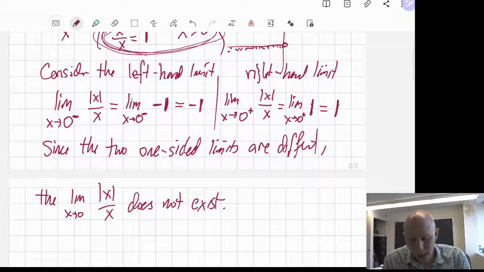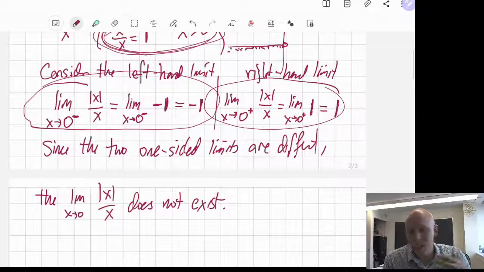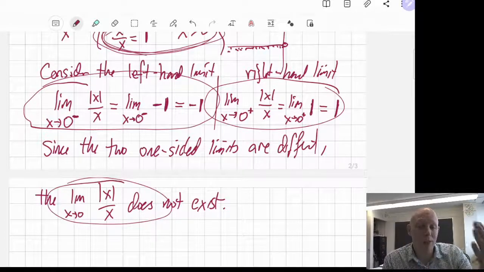Okay, so this is an example of a situation in which the left-hand limit exists, the right-hand limit exists, but because they don't agree, the limit of the function doesn't exist at that point.